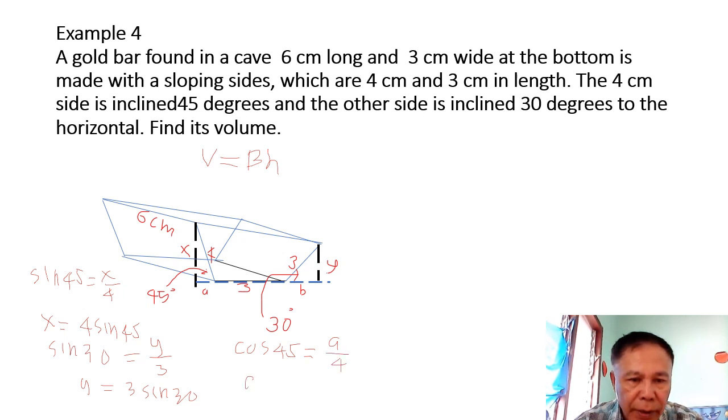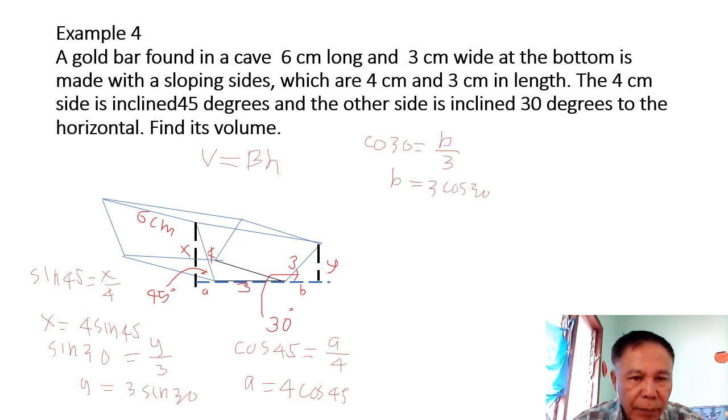So your side A equals 4 cosine 45. And for your B, cosine 30 equals B all over 3, so your B equals 3 cosine 30.